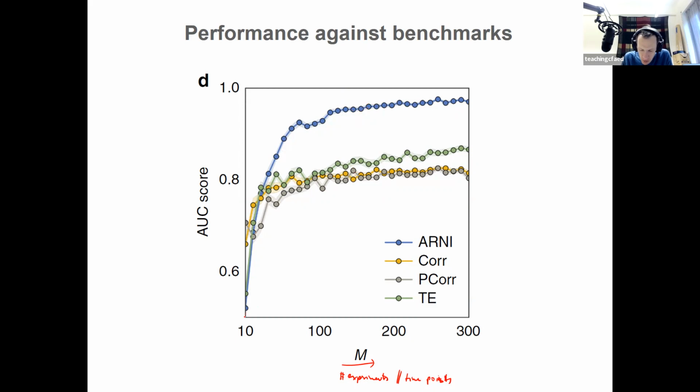Remember that 0.5, which is here, is guessing, so it's like, I don't know, 30% improved by that method compared to only checking correlation. All these three measures are actually linear measures. I mean, correlation is, and transfer entropy is a nonlinear measure, but sorry.